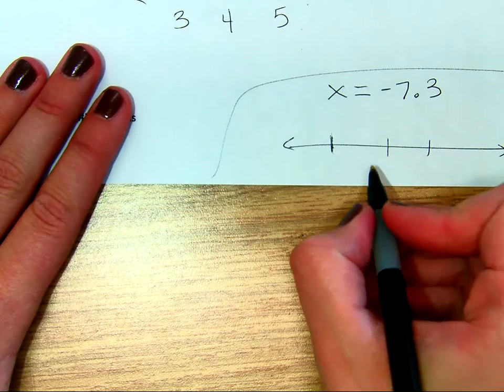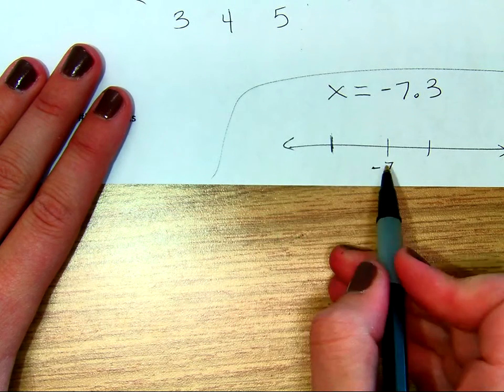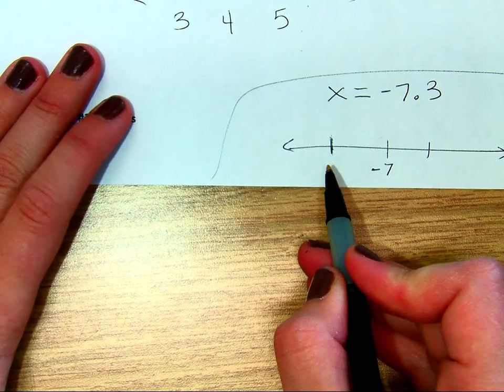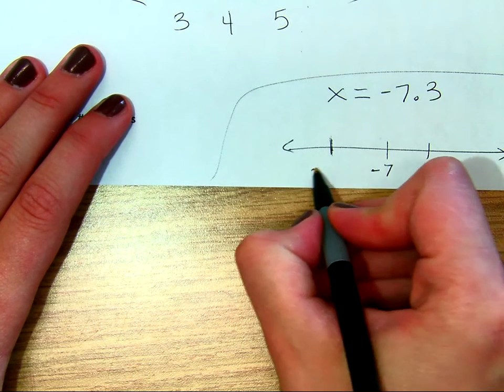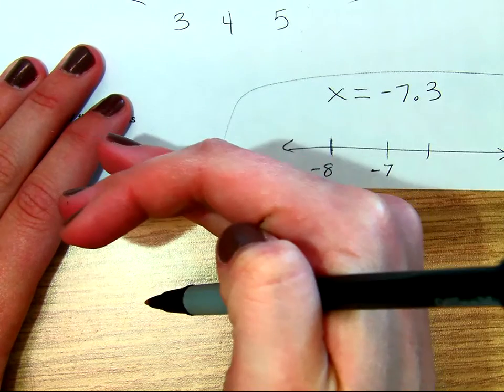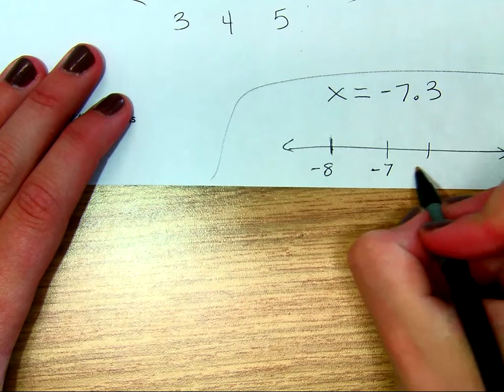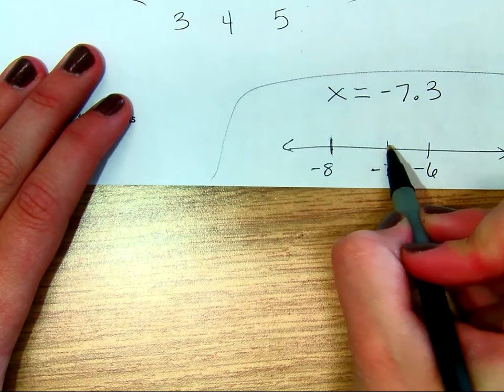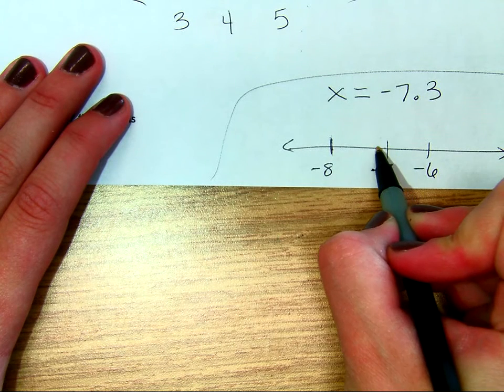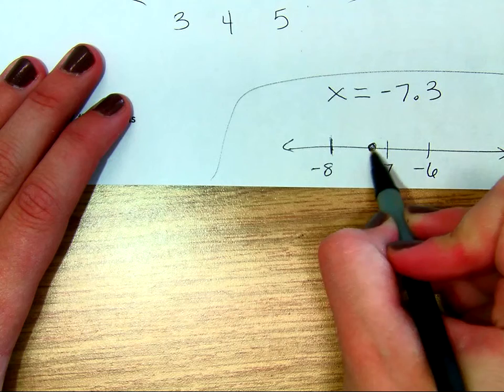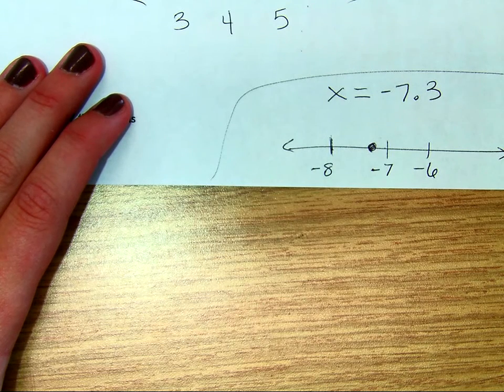So maybe negative 7 will be here. I know one number to the left of negative 7 is negative 8. One less than negative 7 is negative 8. One more than negative 7 is actually negative 6. So negative 7.3 would be a little bit less than negative 7. It would be right around there. So if I were to get an answer like that, that's how I would graph it.